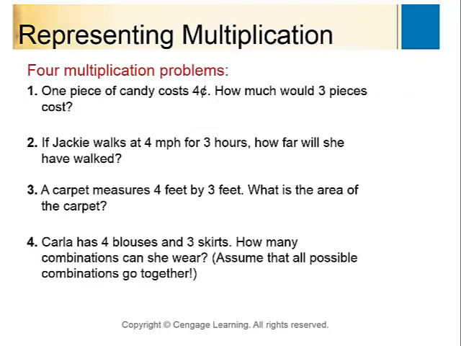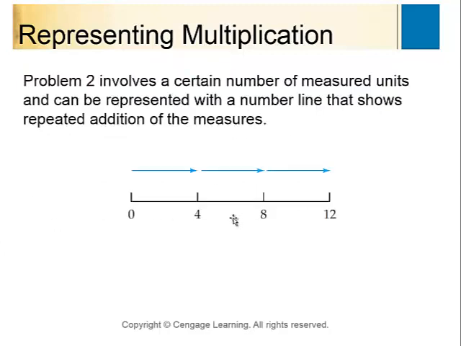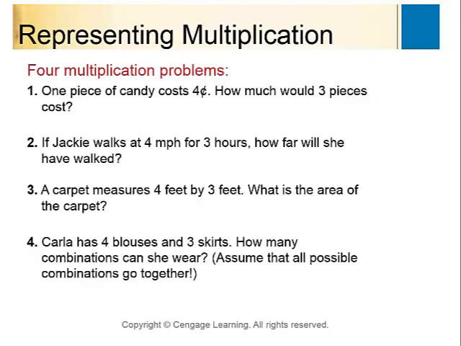In problem 2, if Jackie is to walk 4 miles per hour for 3 hours, well, what she is doing is after an hour she's walked 4 miles, after 2 hours she has walked 8, and then 12. So we can say that it's a form of repeated addition as well. Now on problem 3, that is a little bit different.